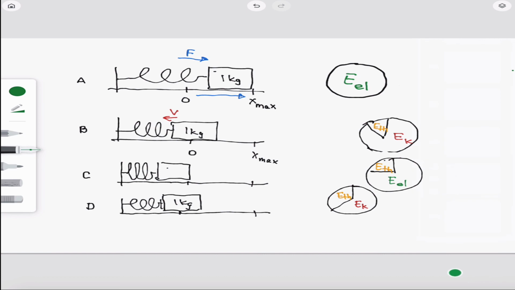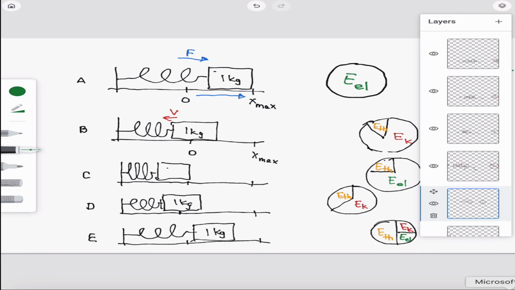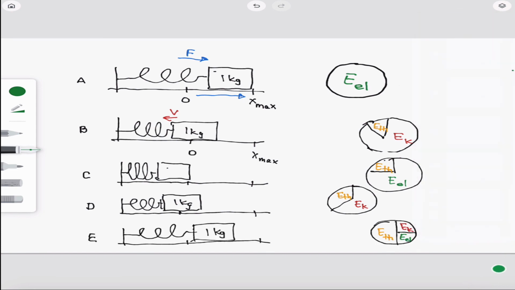And then it's going to start to oscillate back through that zero equilibrium position, at which point its energy is all converted back into kinetic energy, but it's lost more thermal energy, and so on. It will keep oscillating back and forth in this way, gaining and losing kinetic and elastic potential energy, and the whole system is losing energy to thermal energy.